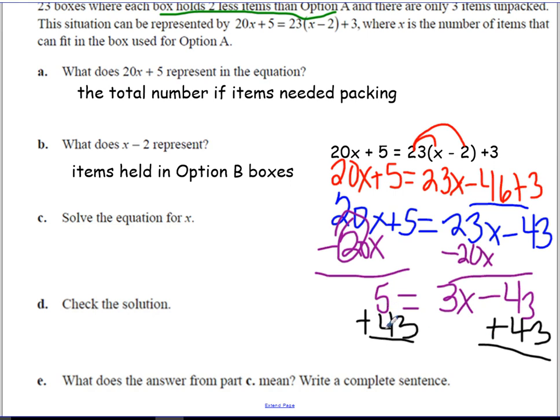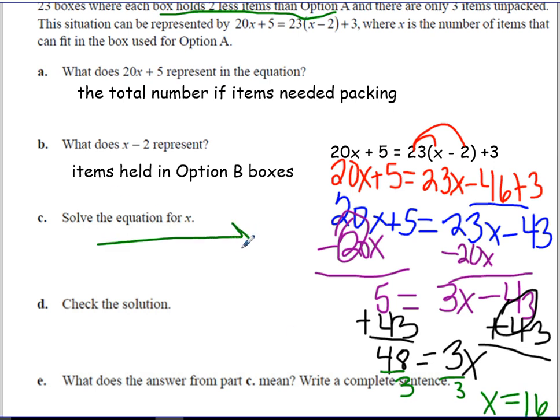And so 43 plus 5 will give us 48. And that equals, we zeroed out the 43s, so just the 3x on the right. Now our last step is to divide both sides by 3, which leaves us x equals 16. And so that's the equation's solution.